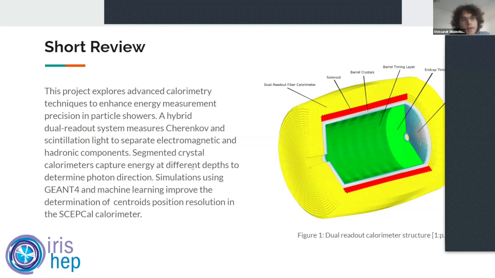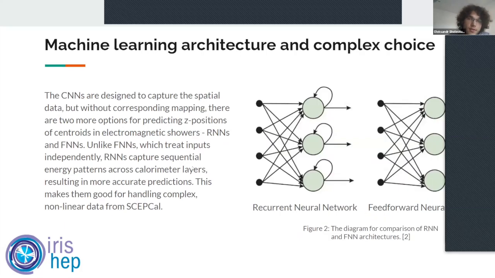So let's go to the machine learning architecture, one of the most complex choices that I faced during my project. Previously, I mentioned that I intended to use CNNs, which were quite promising because they can capture spatial data, but without corresponding mapping. I will explain it a little bit later. We can choose another approach, like a basic FNN, a feed-forward network, or an RNN, a recurrent neural network.